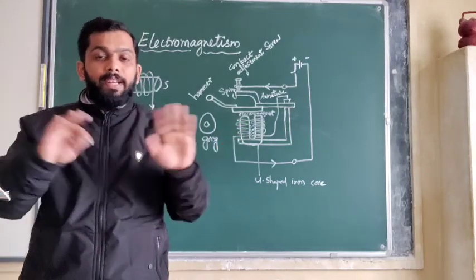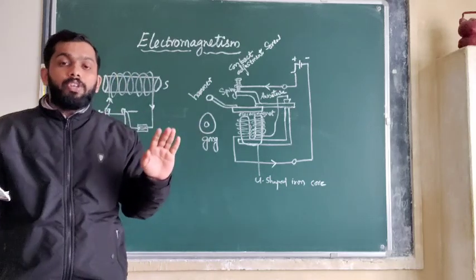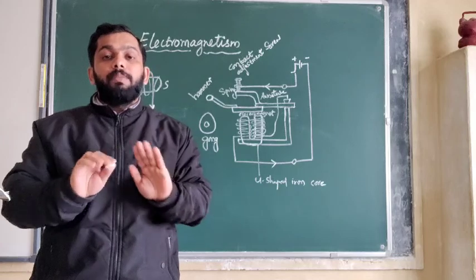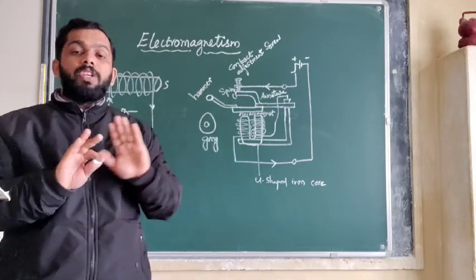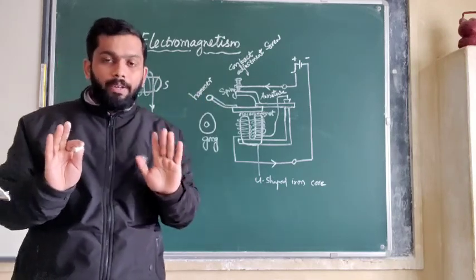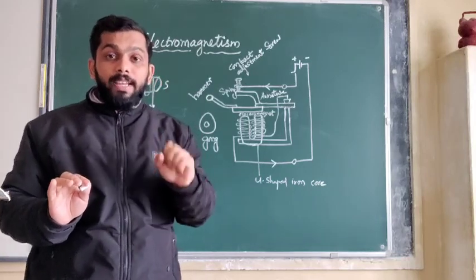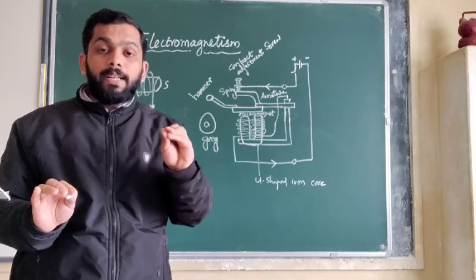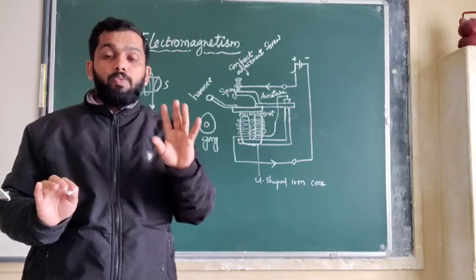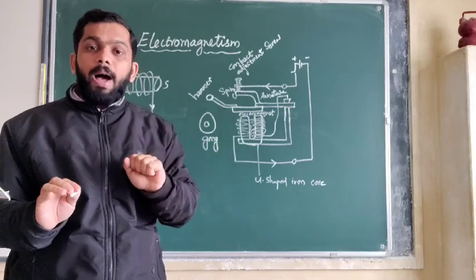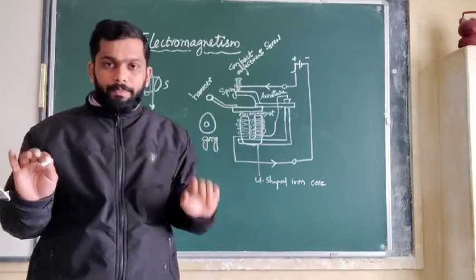The poles vanish, the attractive property vanishes, the directive property vanishes. It acts just like a normal iron core. So electromagnets are temporary magnets. Once we remove the current from the wire, the magnetism vanishes.